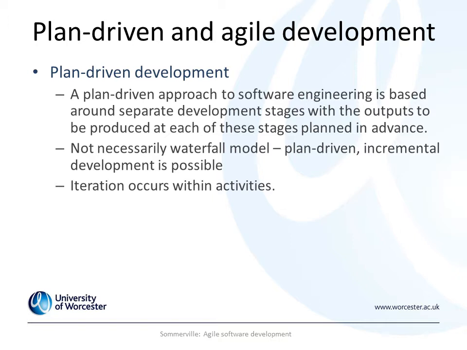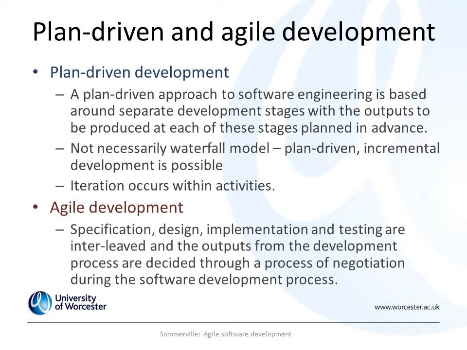Plan-driven incremental development is possible. Iteration occurs within the activities. In agile development, specification, design, implementation and testing are all interleaved, and the outputs from the development process are decided through a process of negotiation during the software development process.